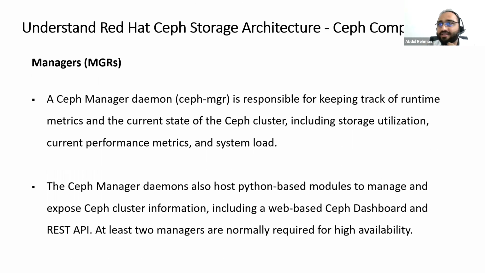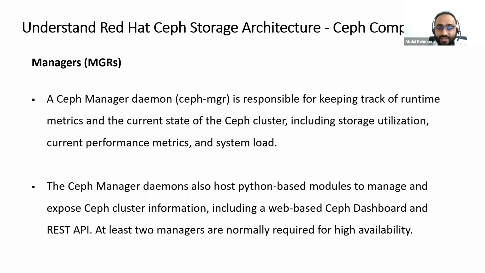The next is MGR, which is responsible for the runtime metrics, and we will see a Ceph dashboard in which these metrics are available. This MGR keeps track of metrics and the current state of the Ceph cluster. So if any OSD or any server goes down, it informs the monitor node, and it also shows us the overall storage utilization, the current performance metrics and system load.